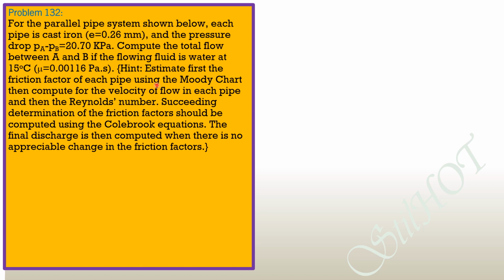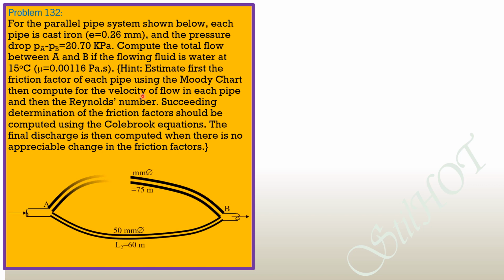The second one is by using the direct Colebrook equation, which is shorter and there's no need to estimate friction factors, because in the first method it is a long process. We have to estimate the friction factors first, then refine them until there is no appreciable change, and that's the time we end up with our solution.